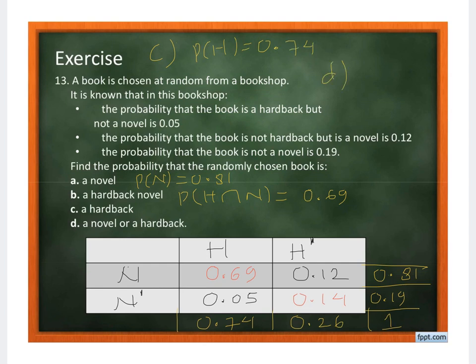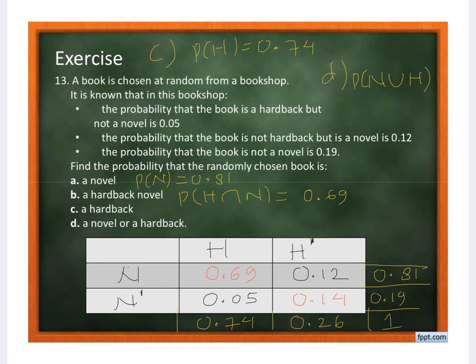For letter D, a novel or hardback, the probability of novel or hardback, the union.